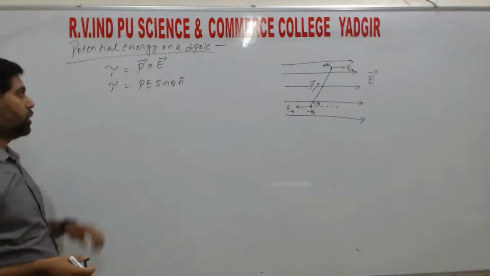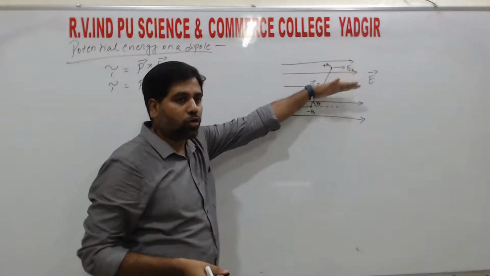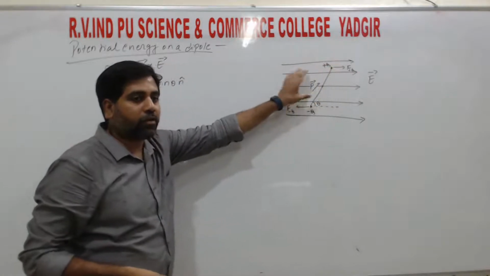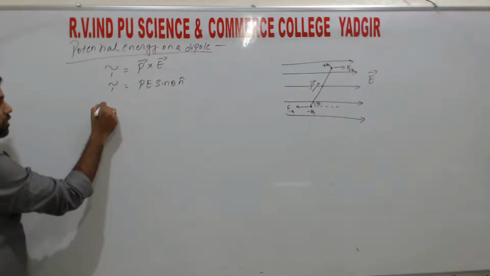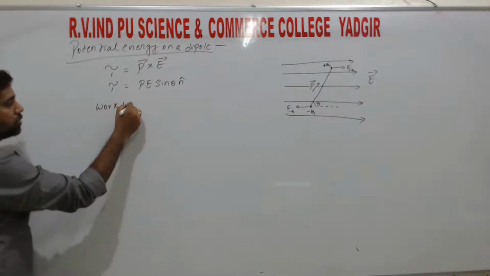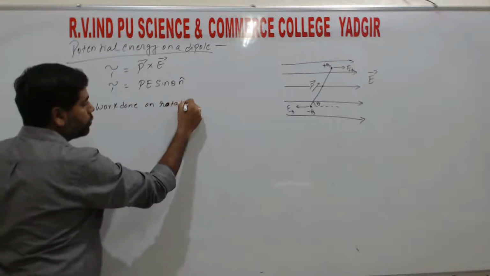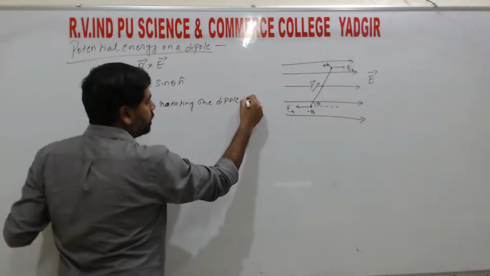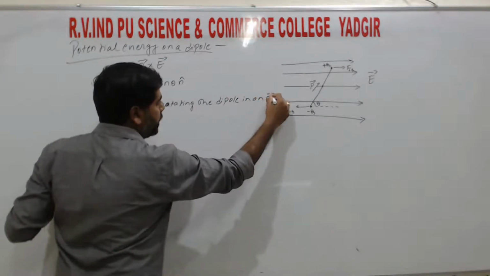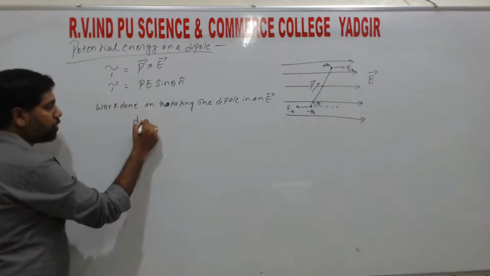So now, this torque has to rotate the dipole. Torque is nothing but rotation. For rotating the dipole in an electric field, a small amount of work is done, right? Initially we take a small work done.